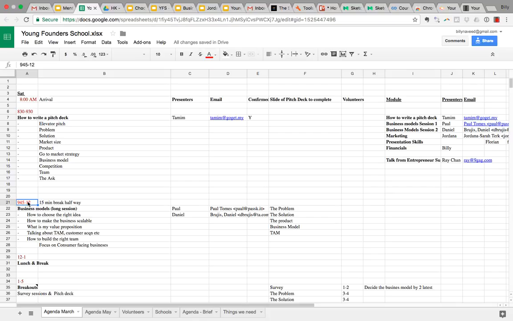The second one is a very long session. It's actually 2 hours long, and this really goes into business model strategy. So how to choose the right idea, how to make a business scalable, talking about total addressable market. This really is, I think, one of the most important lectures of the whole weekend. And as you can see here on the right, it goes through the following slides.